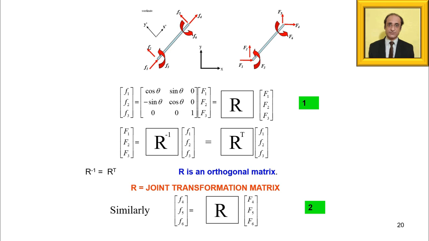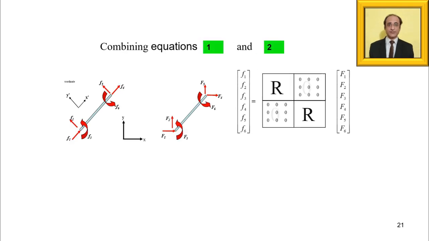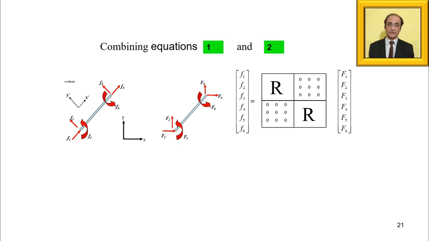So we can combine these and write them in a single set. We get this matrix, and what is the size of the matrix? It's 6 by 6.